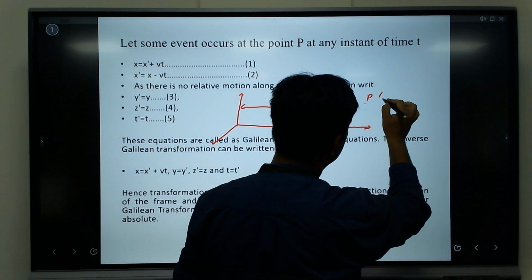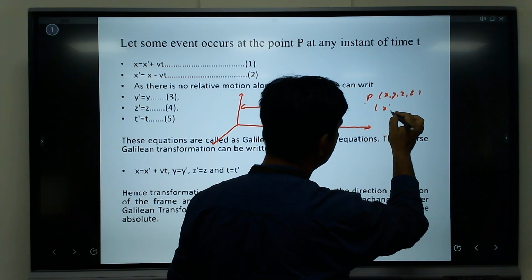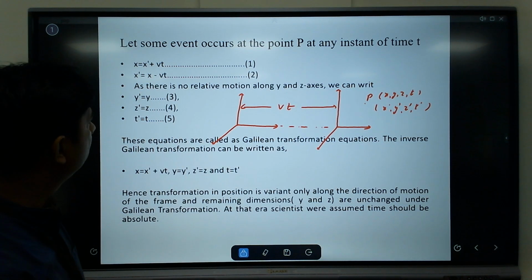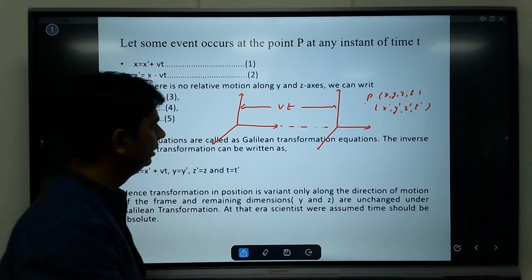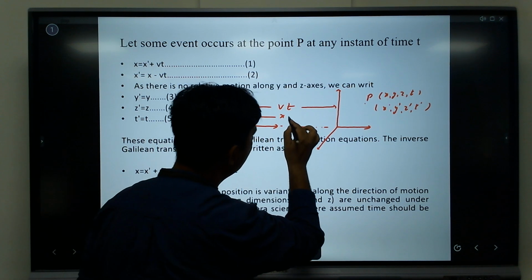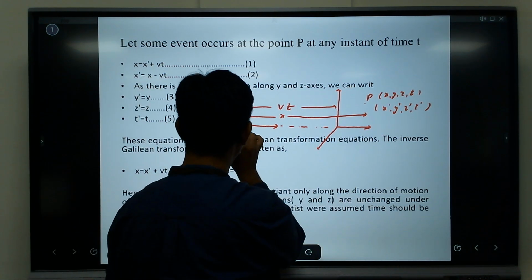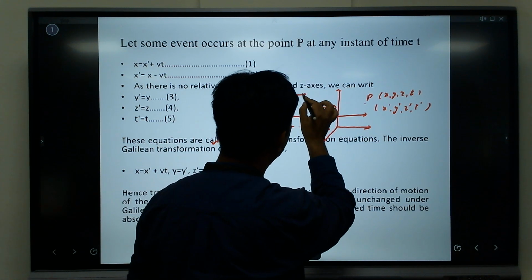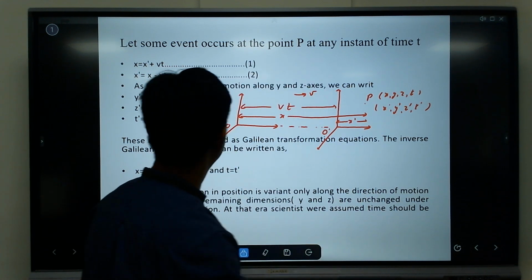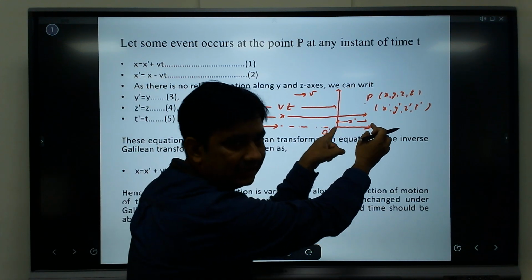We have two coordinate systems as x, y, z and t with respect to O, and x dash, y dash, z dash and t dash with respect to O dash. Now one observer observes it from here, and he says the distance between them is x, while the second one who is moving with a constant velocity v, he will say that the distance is x dash. Okay, so he says it is at this distance, and he says this is at this distance.